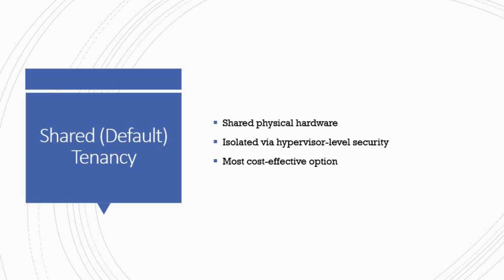The shared tenancy is the default tenancy in AWS. It launches your EC2 instance on shared physical hardware where multiple customers' virtual machines coexist.